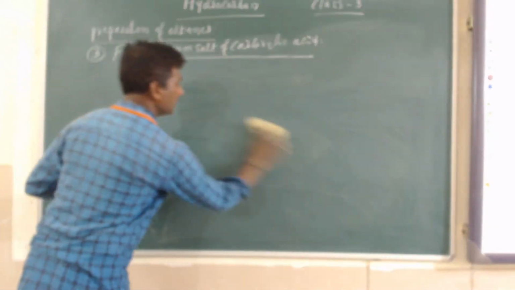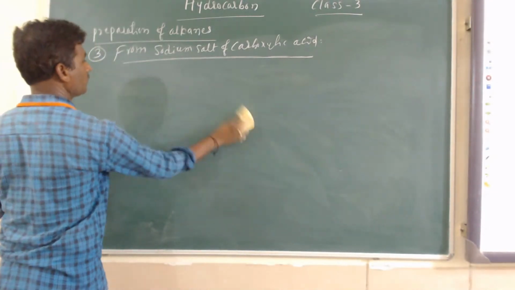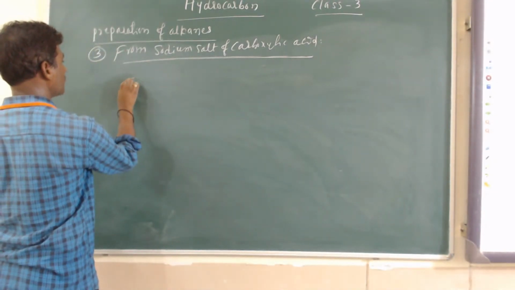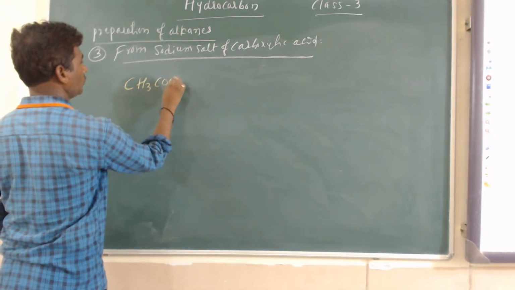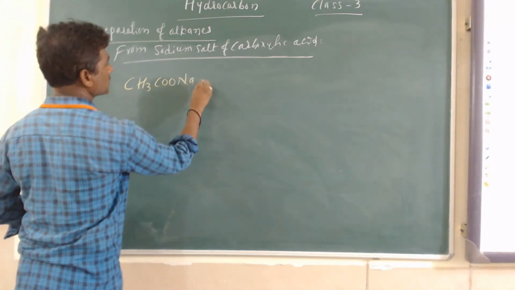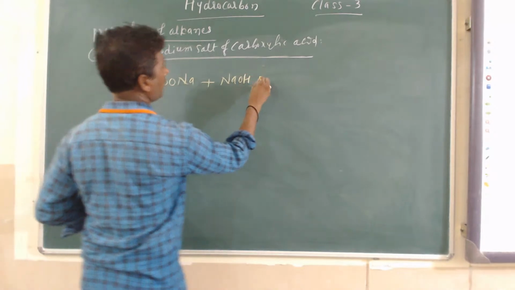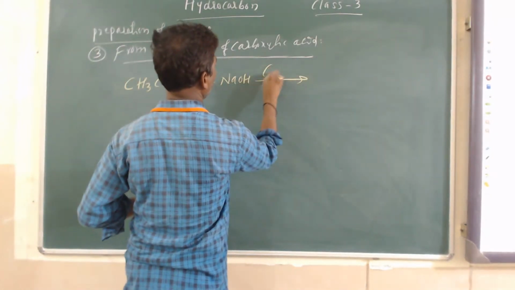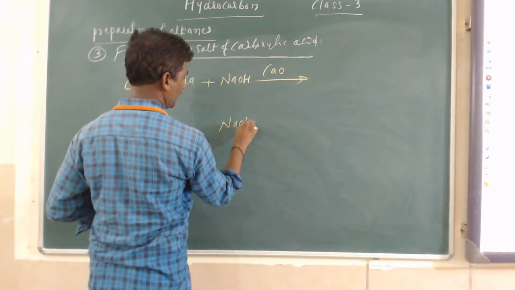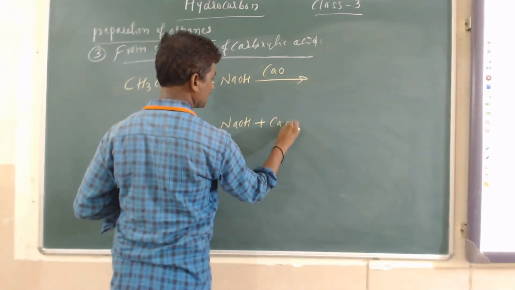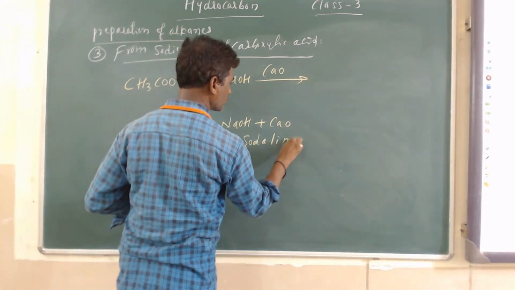I am writing an example of a sodium salt of carboxylic acid, CH3COONa, plus NaOH and CaO, calcium oxide. NaOH plus calcium oxide is called soda lime.